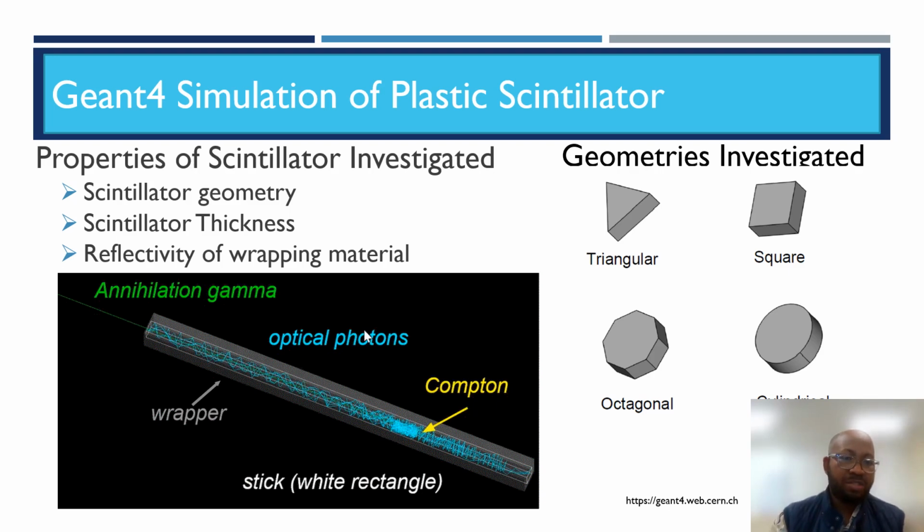A snapshot of the scintillation here, where we have the green light representing the annihilation gamma, the blue inside here represents the optical photons, the square cube represents the scintillator stick, whereas the dense blue here represents the Compton event that we are going to measure, and the gray outside here represents the wrapping materials.